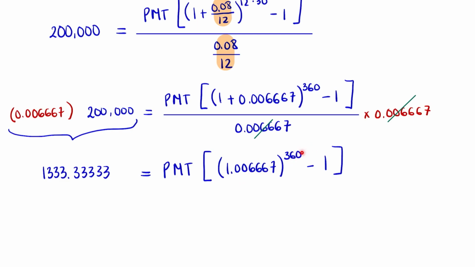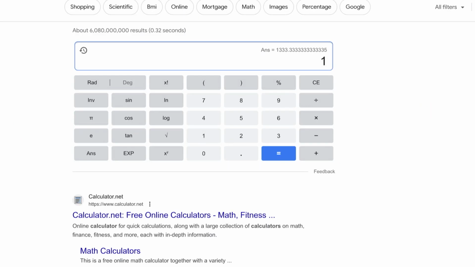From here, I'll just simplify this. I'll take 1.006667 raised to 360 and then minus 1. So I take 1.006667 raised to 360 equals and minus 1 equals.